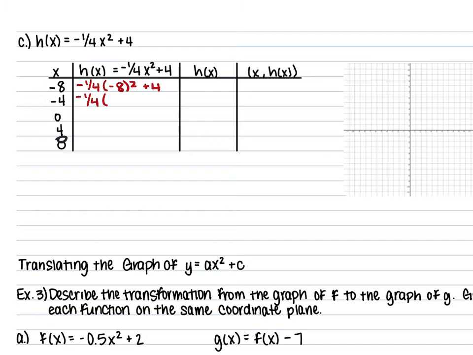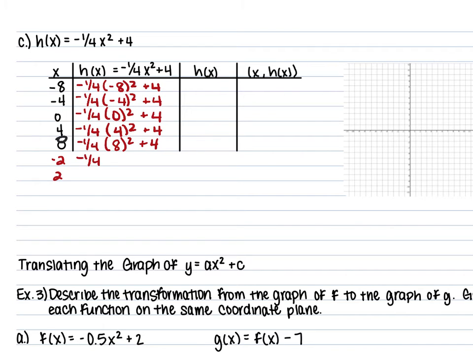Negative 1/4 times negative 4 squared plus 4. Negative 1/4 times 0 squared plus 4. Negative 1/4 times 4 squared plus 4. And negative 1/4 times 8 squared plus 4. I'm going to add on negative 2 and positive 2 with these, just so that way I have a better idea of where my parabola has points.